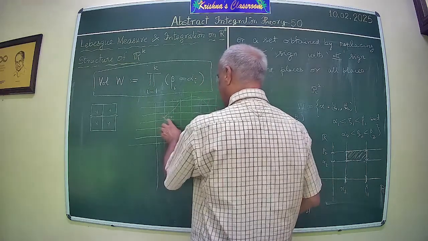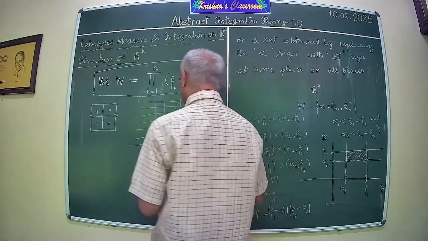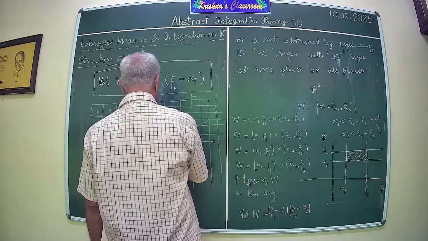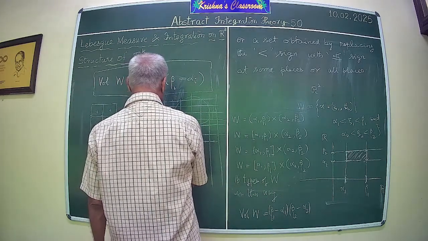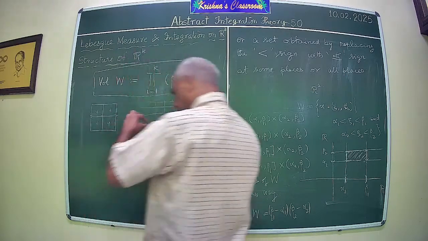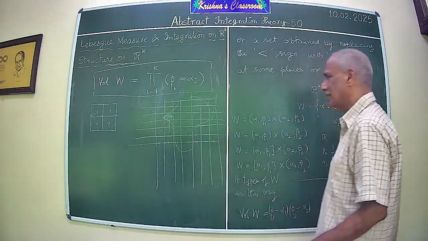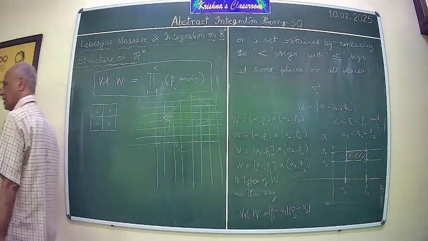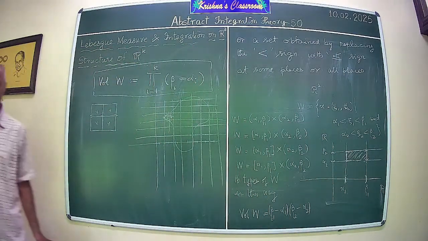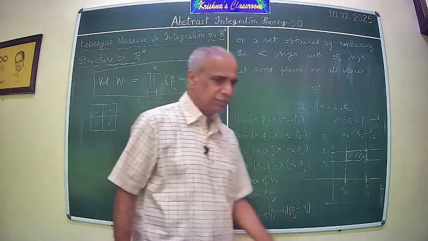All others are cut. Therefore, what you do is further divide. Then smaller squares will come, and this is the process of finding the area of an irregular space in R2.